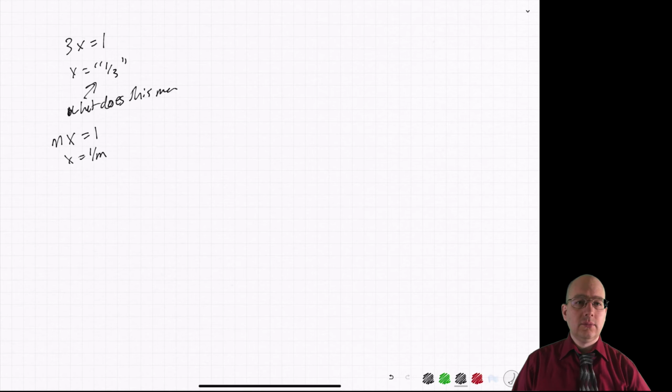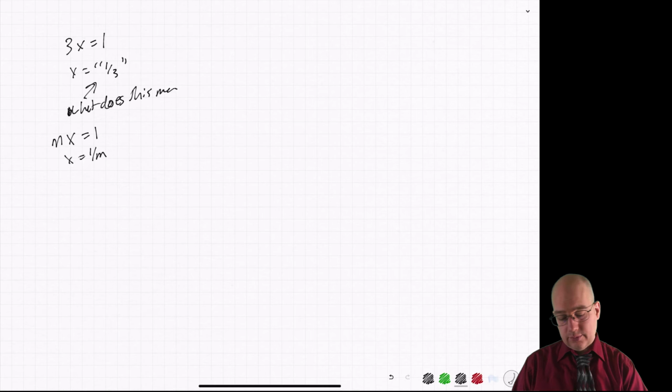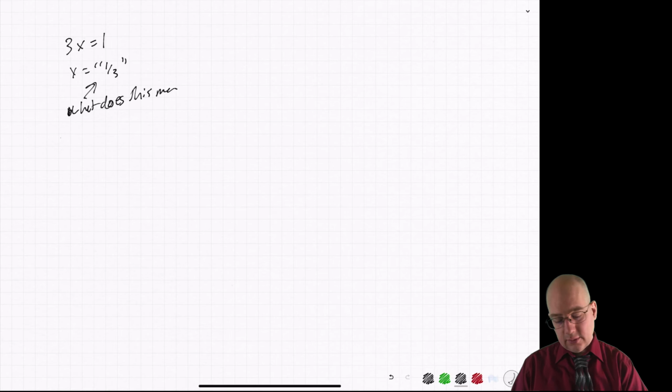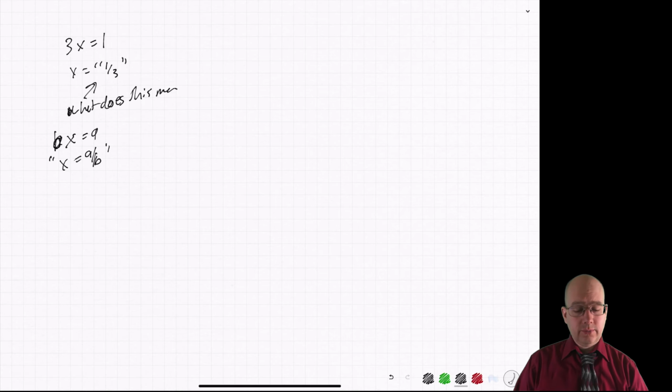Or how about trying to solve bx equals a, x equals a over b. Okay. All right, so that's what we're trying to do. Just like before, most of the time we don't actually have this in our number system yet. 5 divided by 3 is 5/3. It's about 1.4.